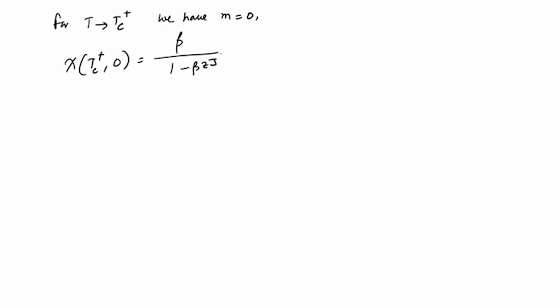So, for now, for t tending to T c plus, we have m equal to 0. So, chi at T c plus for the zero field is equal to beta divided by (1 minus beta Z j), and this is again equal to 1 over k (T minus T c), reminding you that T c is equal to Z j over k.